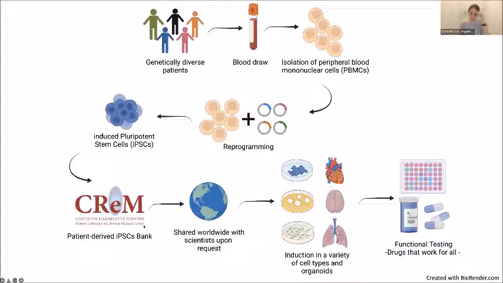Very similar to the concept that we know about banks, it is a place where we can safely store these cells. We're going to reprogram them, characterize them very well, and make sure that these are in good condition to share with the scientific community. There are a few controls that we need to run just to assure that these cells are properly reprogrammed. And once we have all those controls, those cells get stored in a bank.